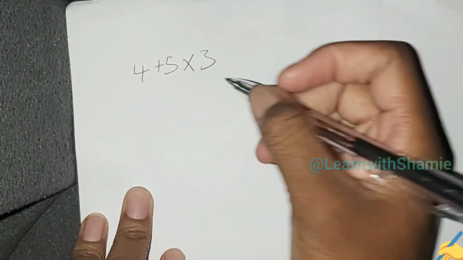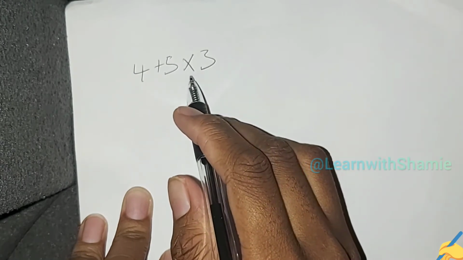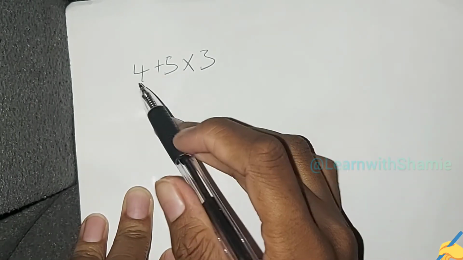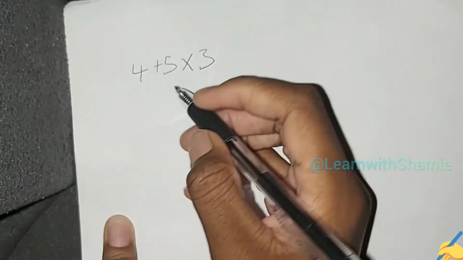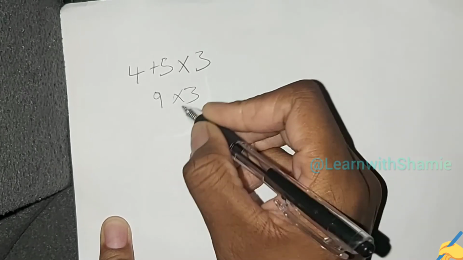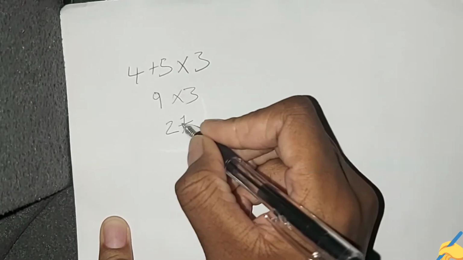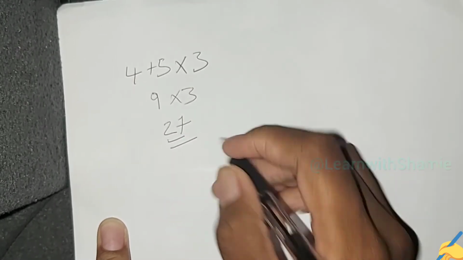To solve this problem, you have three numbers with two operations. So you'd wonder which of the operations to do first. So let's do this. 4 plus 5 is equal to 9 times 3 is equal to 27. So the final answer is 27.